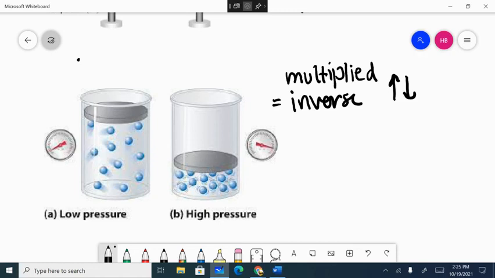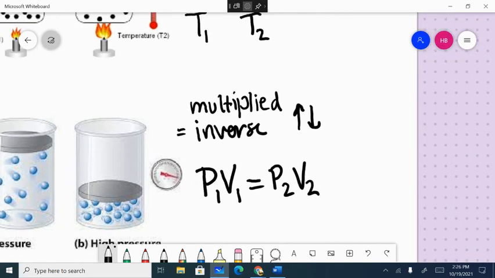If you think of sitting on a balloon, or if you've ever taken bubble wrap and squeezed, you're going to pressurize that bubble of air and eventually it will pop. So our other relationship is that pressure and volume are inversely related to each other.